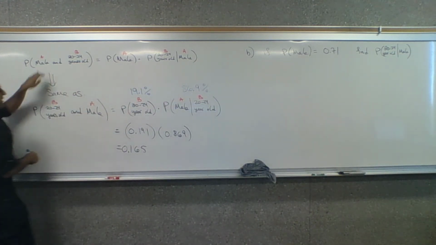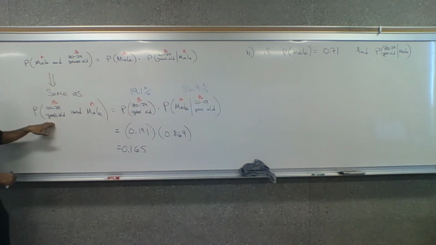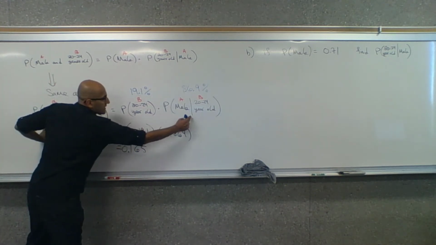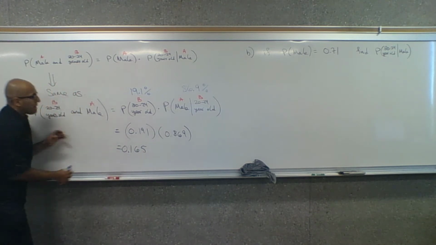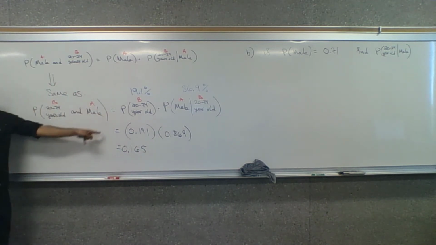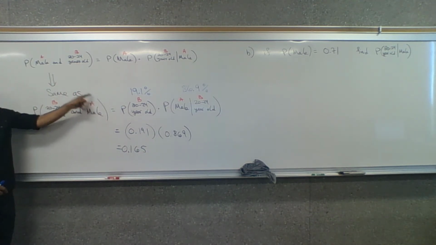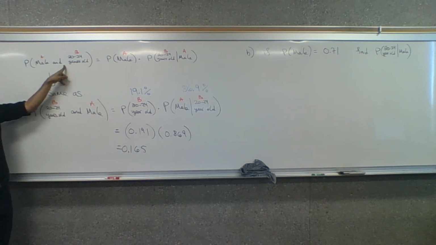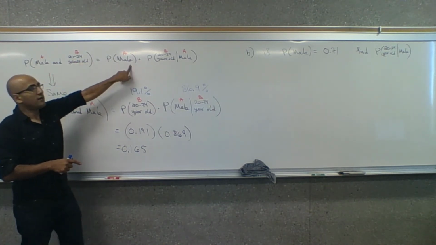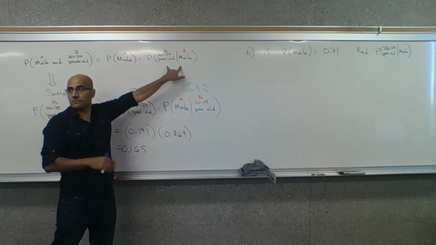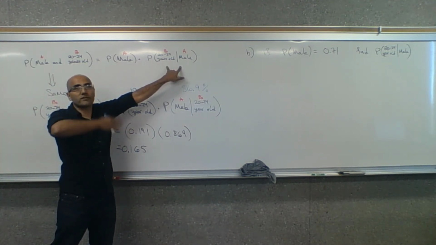These two things are equal to each other, right? And we already found this, and we have this. This was given to us, this was given to us. I multiplied it, that means that this is 16.5%, which means that this is also 16.5%. And now if they're giving me this one, I can find that one. You see that, how that whole flow chart goes?